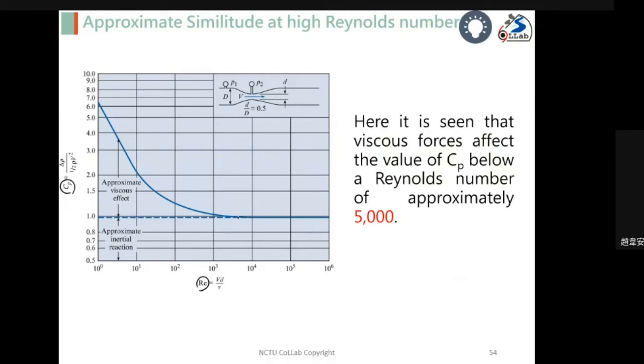But at a certain threshold around here, even though you increase the Reynolds number, the pressure coefficient is not sensitive to Reynolds number changes. This threshold is around 5,000 for the Reynolds number. So what is the advantage of this characteristic shown in the figure?